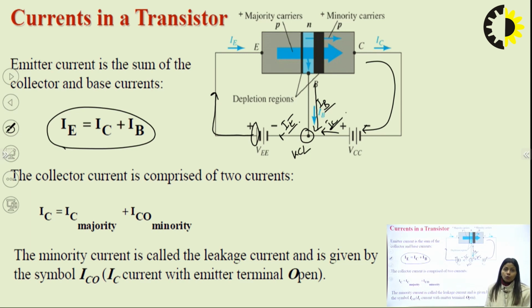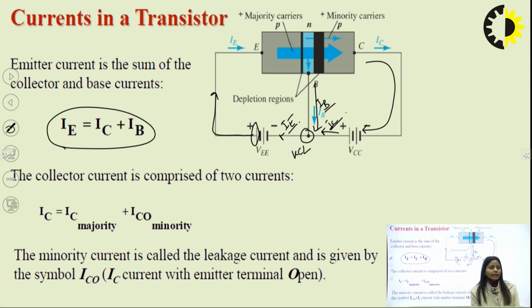Now, one more very important formula which we need to learn for all the configurations is the collector current. Again, that was the formula for emitter current, IE is equal to IC plus IB, that you will learn. I am telling you so many times that you need to learn these formulas, because they are applicable for all the configurations, so it is important. The next formula, which is very important, is the total collector current.